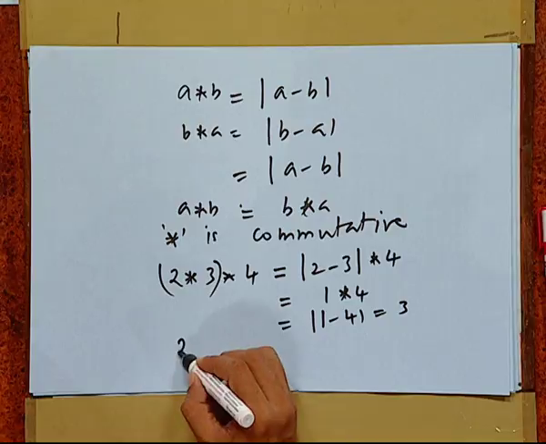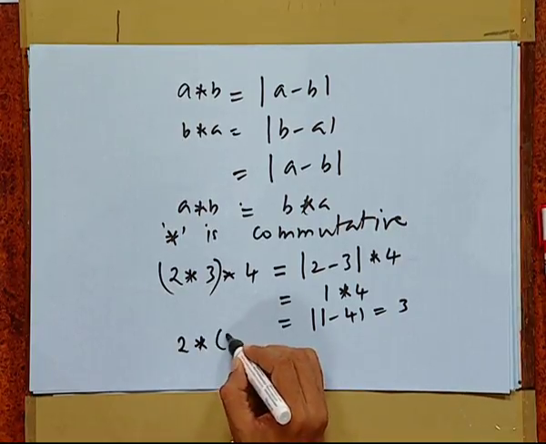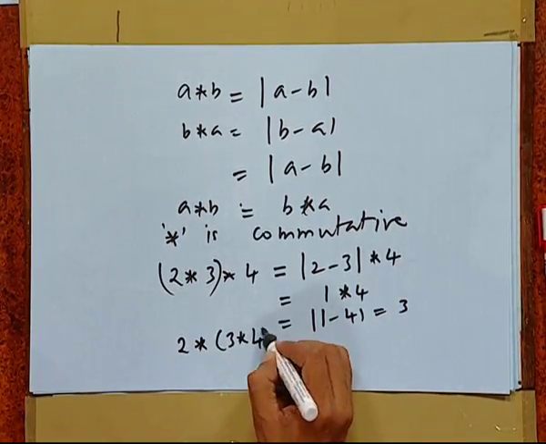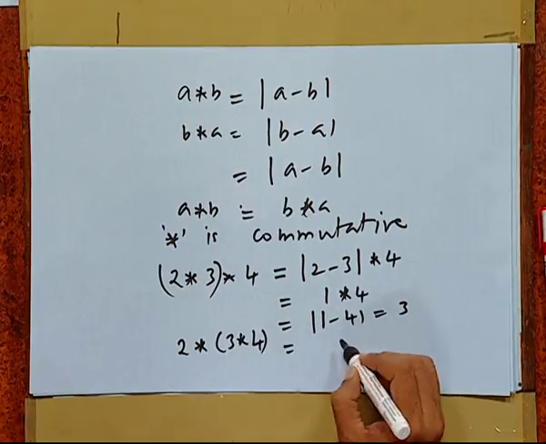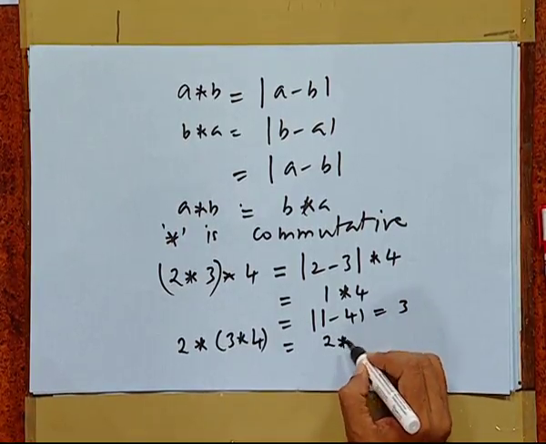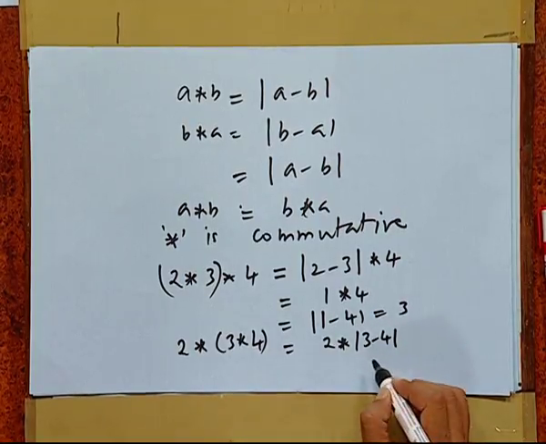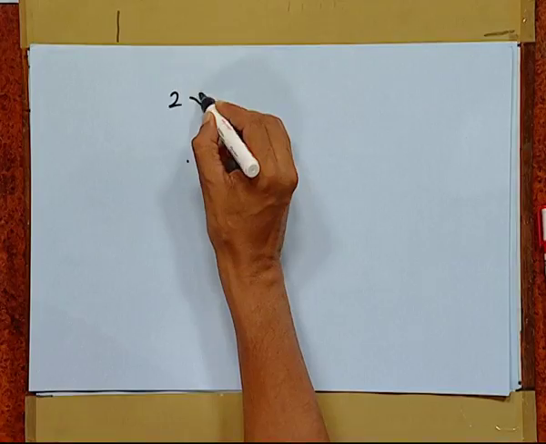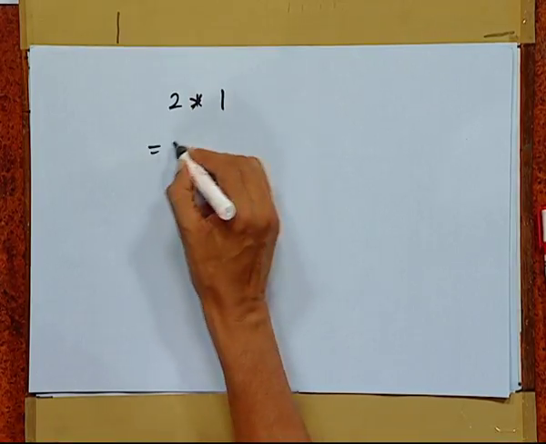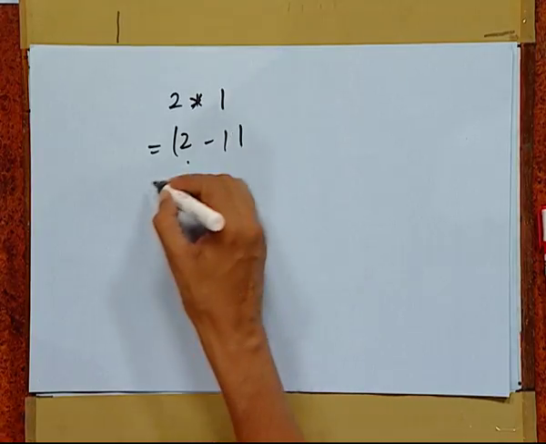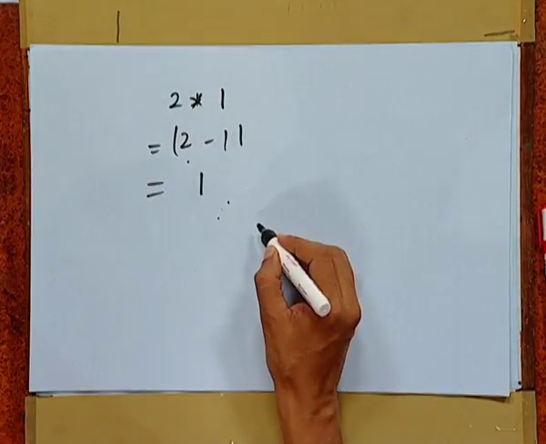Now take 2 star (3 star 4). This is 2 star mod 3 minus 4. So, this equals 2 star 1, that is mod 2 minus 1, equal to 1.